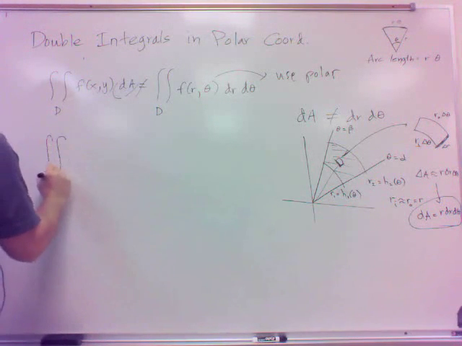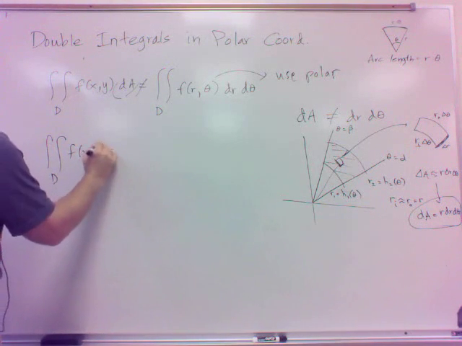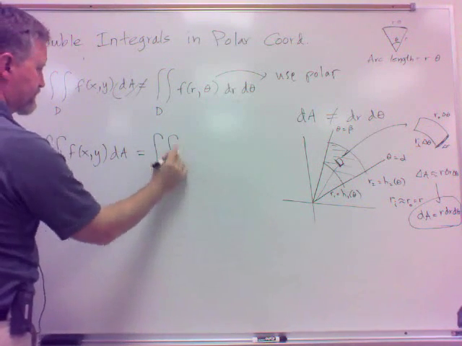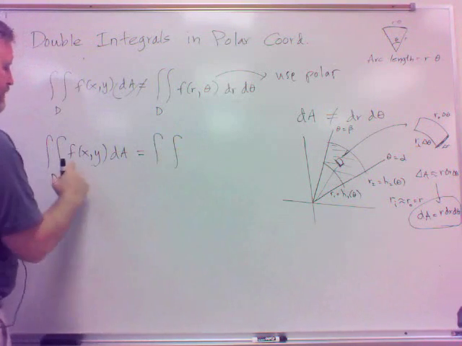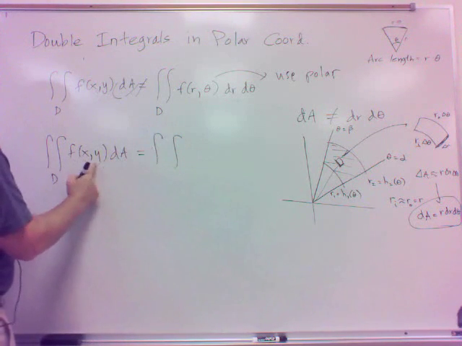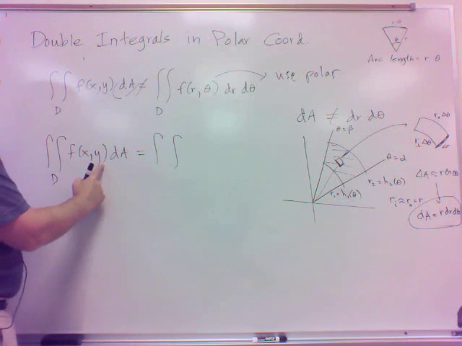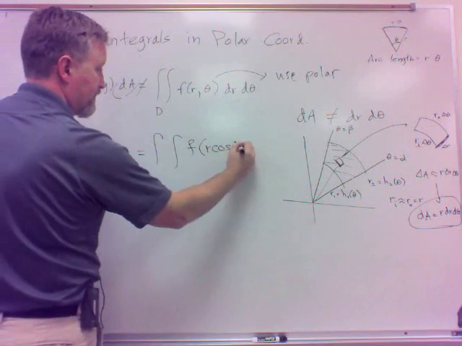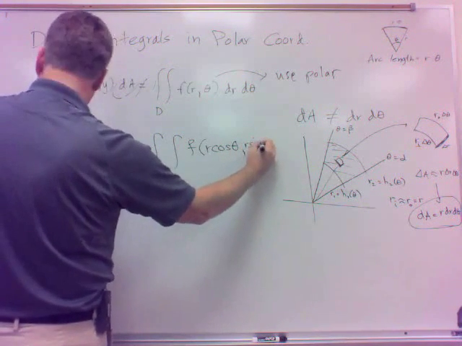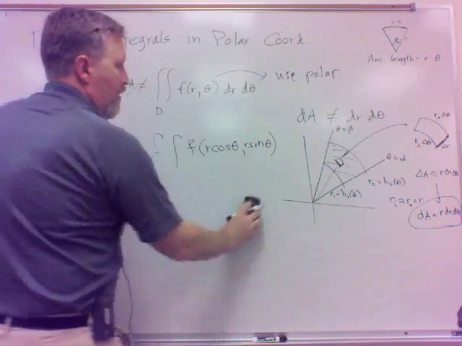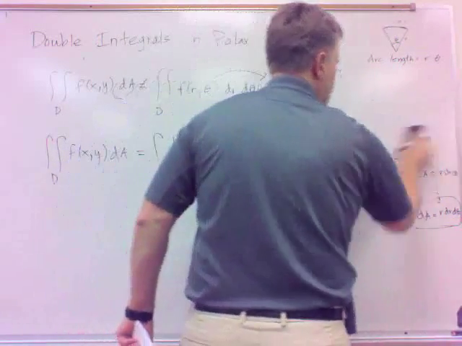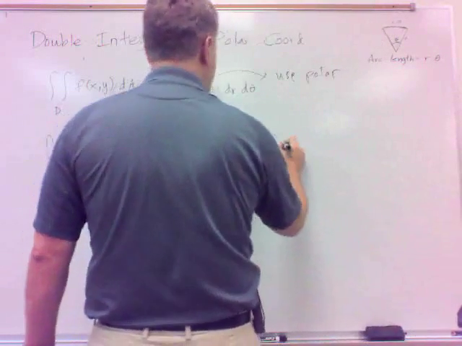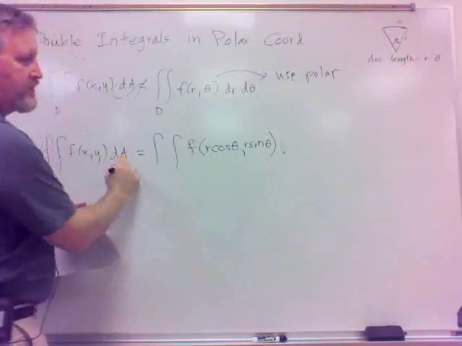Okay. All right, with all that in mind, here's what the integral over D of f of x, y, dA, converted to polar coordinates is. First of all, we'll talk about the limits in a second. We're going to change from x and y to r and theta, so x is r cosine theta, y is r sine theta. dA, well, what was dA equal?